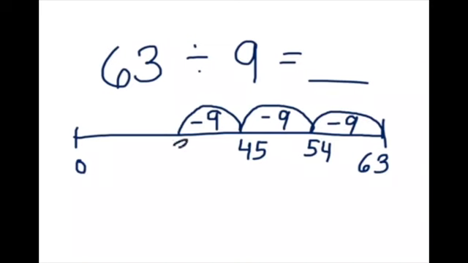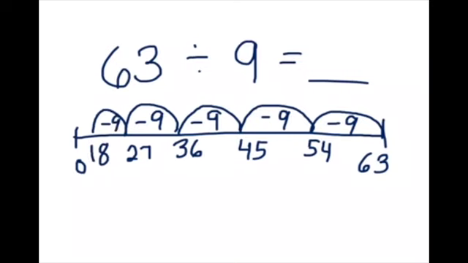What would I get? 36. 36 minus 9. I am going to get 27. 27 minus 9 is 18. I'm running out of room, so I figured this would happen. I'm going to just kind of curve my number line a little bit so I have room.